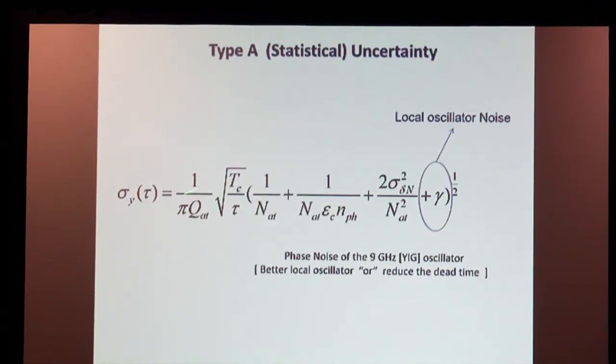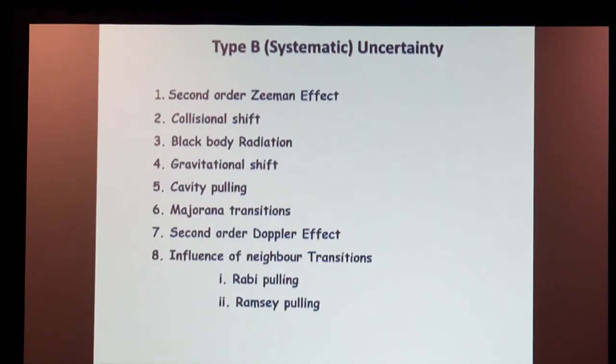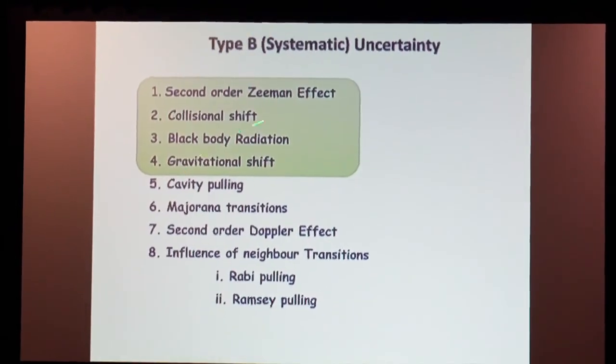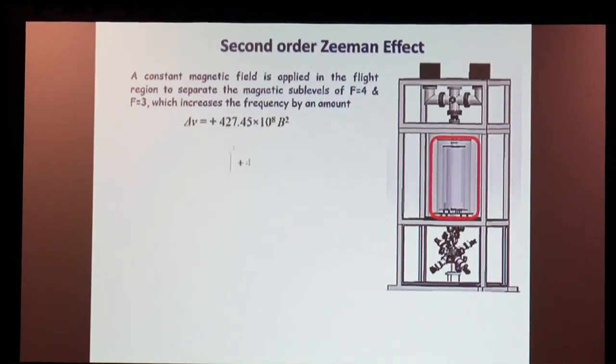These are some of the components that affect the random uncertainty of the clock. And the systematic uncertainty comprises, and I'm not going to be able to go into the details, primarily the second order Zeeman effect, the collisional shift, the black body radiation shift, and the gravitational shift. In our fountain, these were the four major effects which we had estimated.